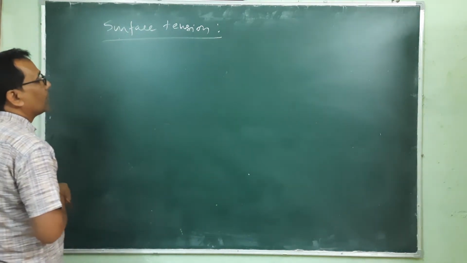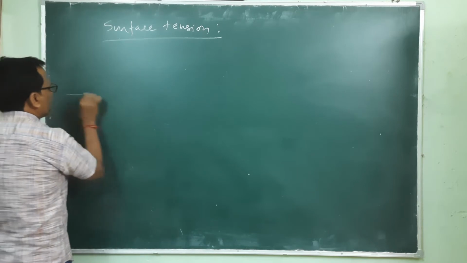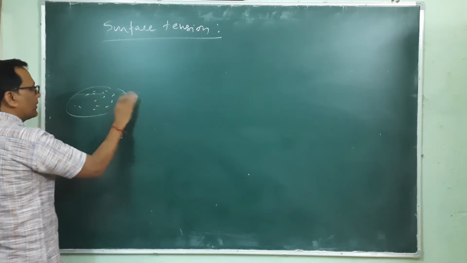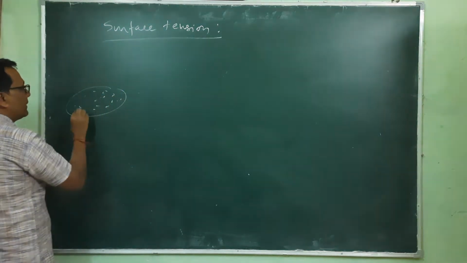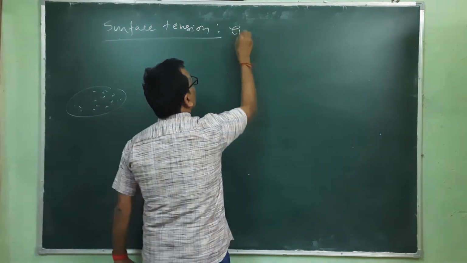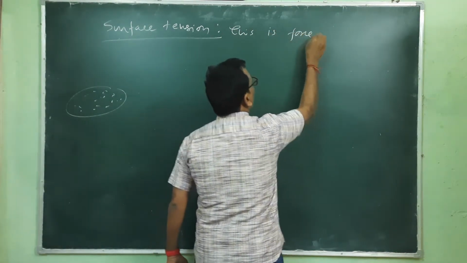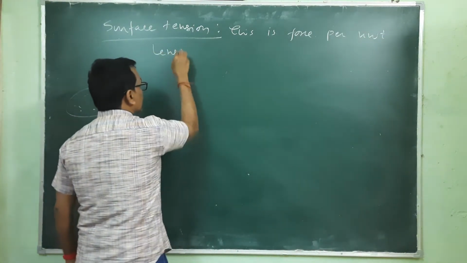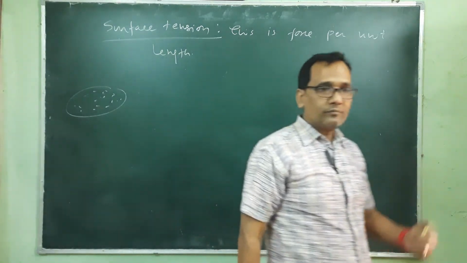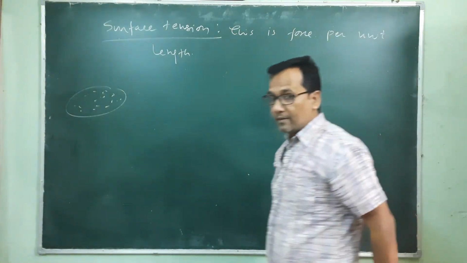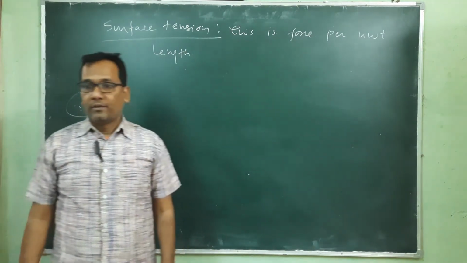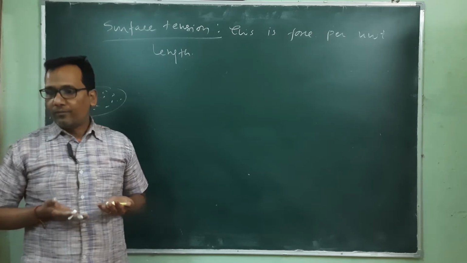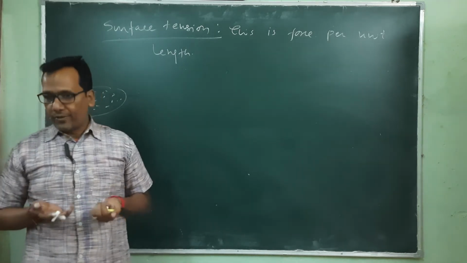If this is the surface of water, or the surface of any liquid, mathematically the surface tension is defined as force per unit length. But force means the direction should be there. So force in which direction?